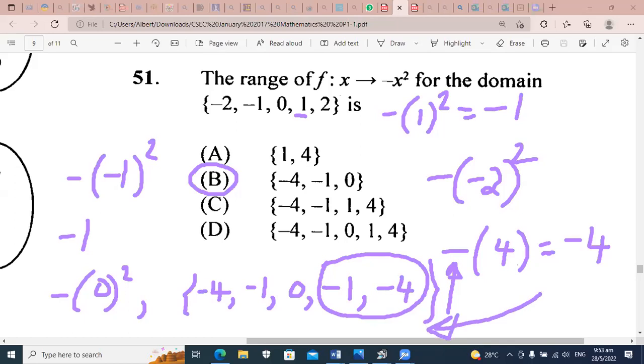But in this case, they didn't write back the -1, -4. They just didn't repeat it, because it doesn't make any sense.